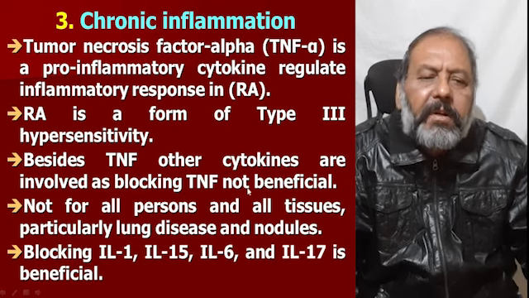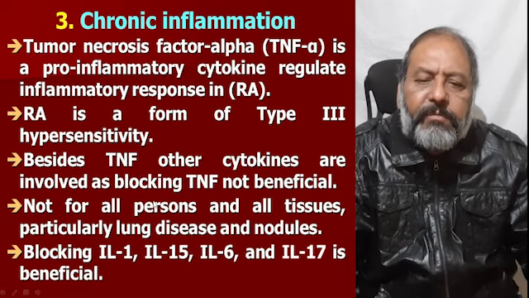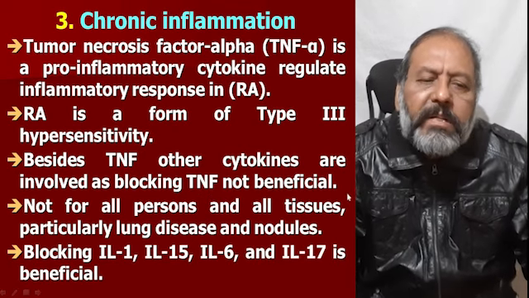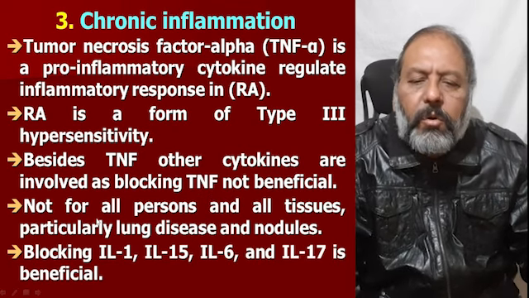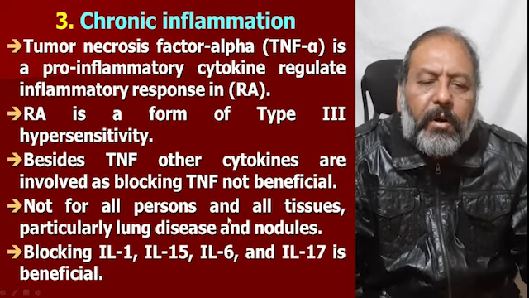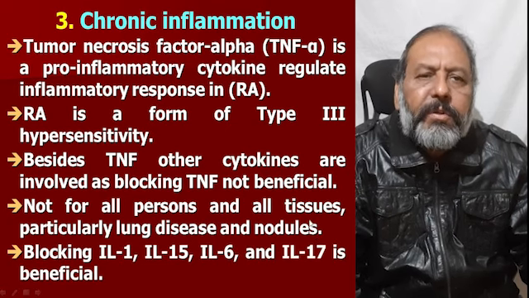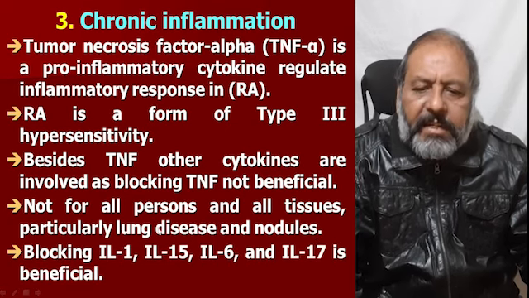Besides TNF, other cytokines are involved, as blocking the TNF alone is not beneficial for all persons and all tissues; particularly the lung disease and nodules do not respond if we block the TNF.